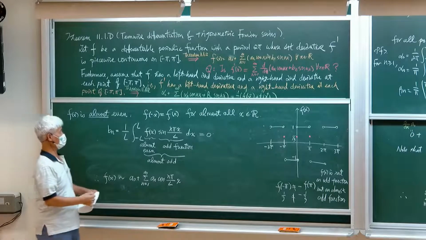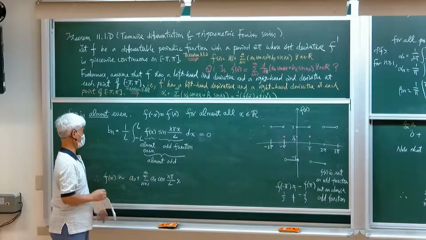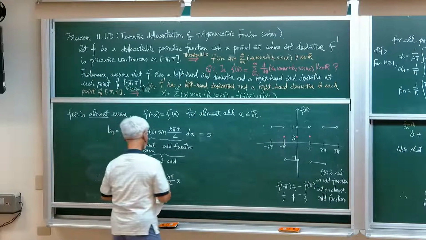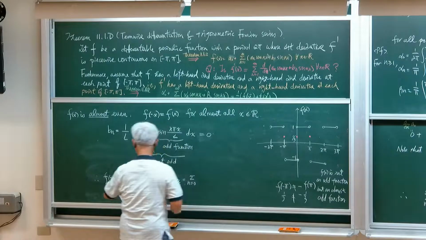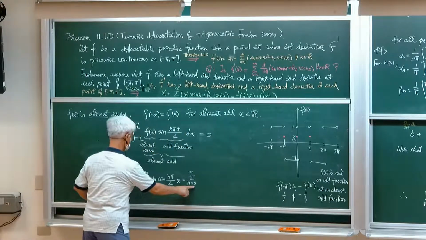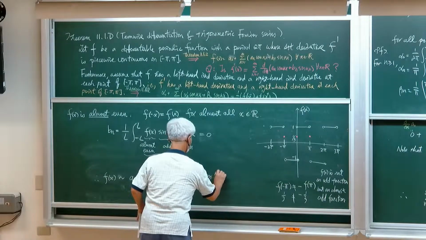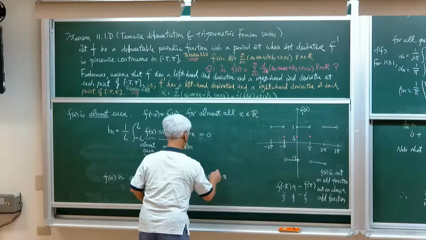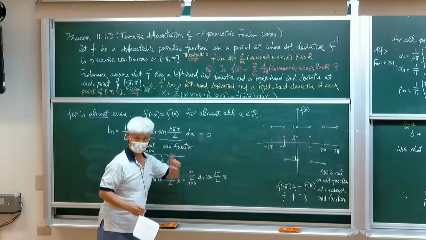So all the sine terms disappear because bn is 0. And in this case you can absorb a0 into the sum, so you start from n equals 0 with an cosine n pi x, because when n equals 0, cosine 0 is 1.